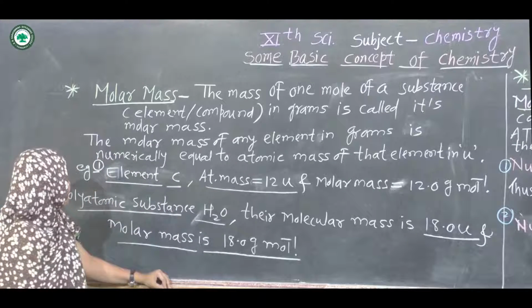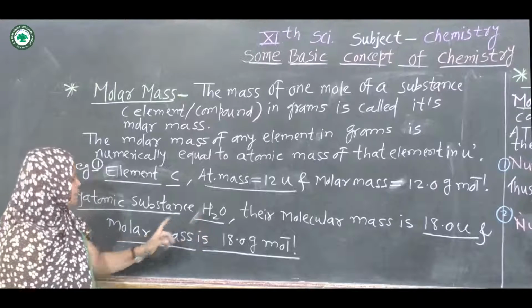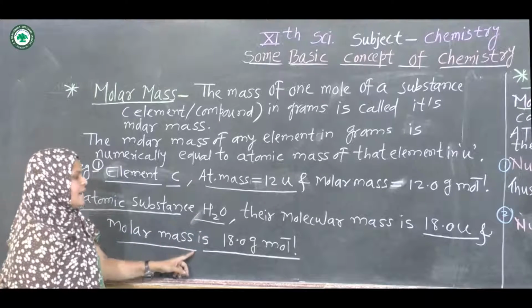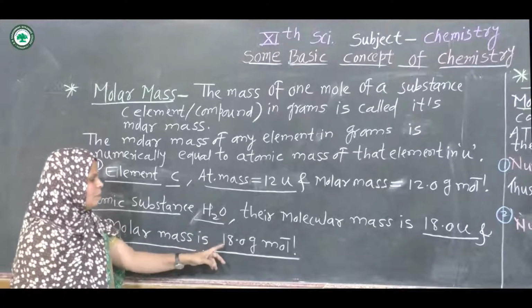The polyatomic substance H2O has a molar mass, expressed in gram per mole, equal to 18 gram per mole.